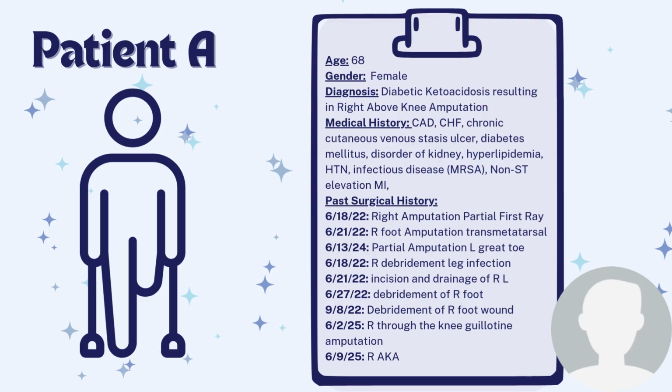And then after being brought to the hospital this past time, she went through a right through-the-knee guillotine amputation, which then was converted to a right AKA 7 days later.